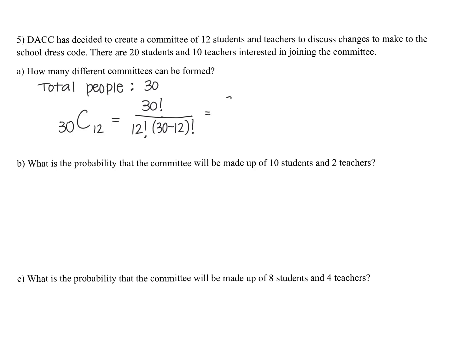So that becomes 30 factorial over 12 factorial times 18 factorial. And you can do this in a calculator. You are not required to show me all of the work for the factorial. So you end up with 86,493,225.